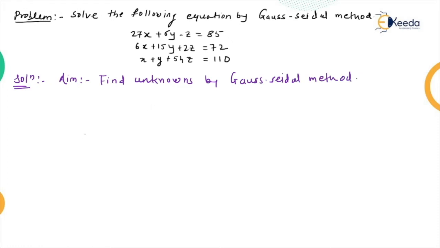First, as in the previous method, we write the equations in a particular form. So x equals 1 upon 27 in brackets, 85 minus 6y plus z.